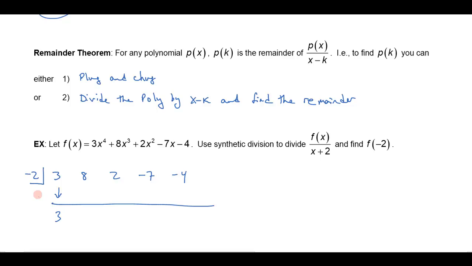Bring down the 3, so let's multiply and add together, multiply, add together, multiply, add together, and multiply, and then add these down. All right?